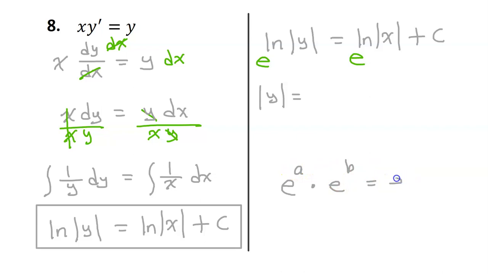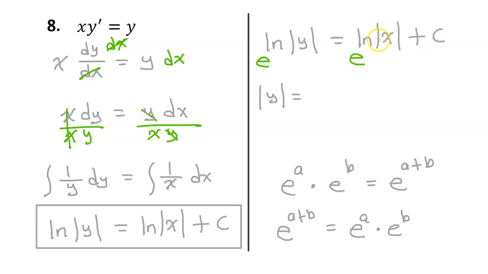So you would end up with e to the a plus b power. But guess what? This process is reversible. So if I started off with e to the a plus b power, couldn't I then rewrite that as e to the a times e to the b? Sure I could. And that's the situation I find myself in here.